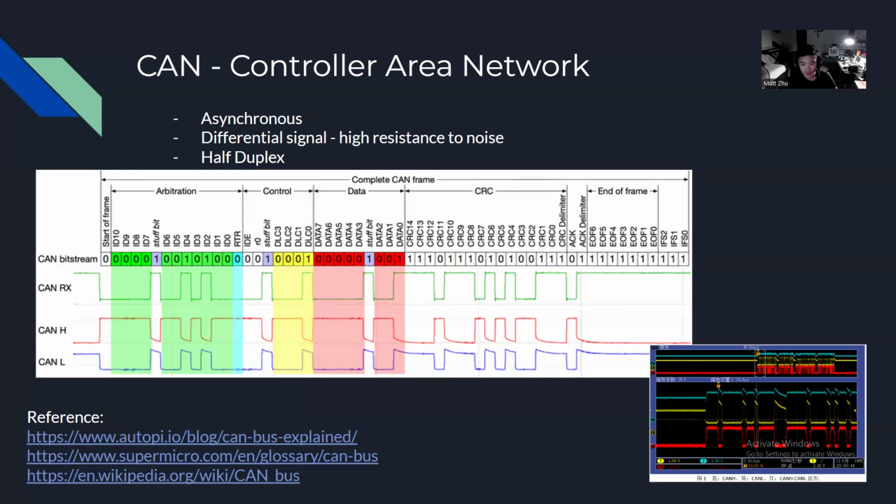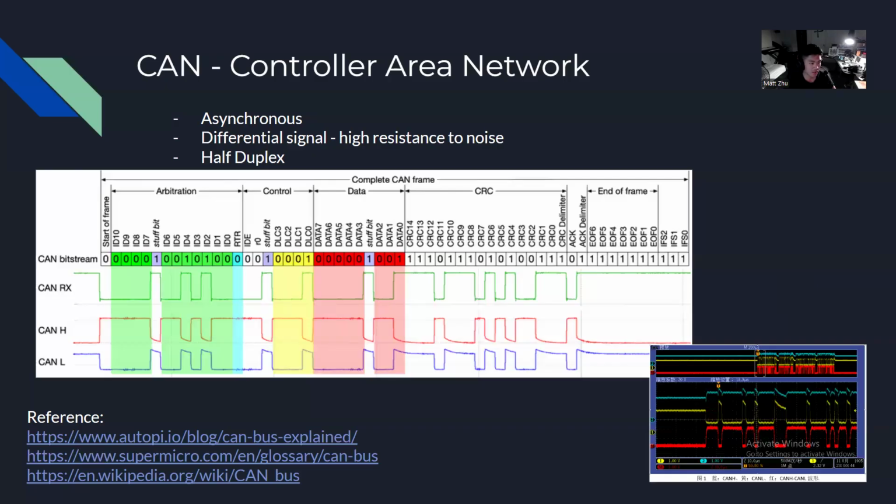Also, since noise tends to affect both the CAN high and the CAN low lines at the same time, and since CAN measures the difference between the two lines, the difference relatively remains the same even when noise is present. Data can propagate pretty well under noise, and it's one of the reasons why it's so reliable.